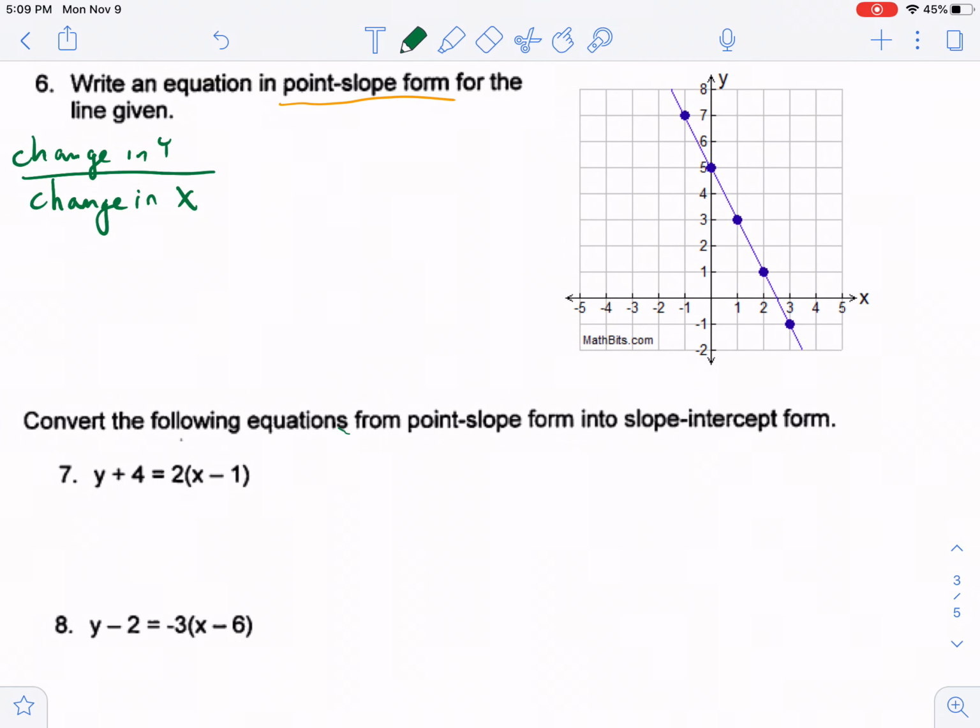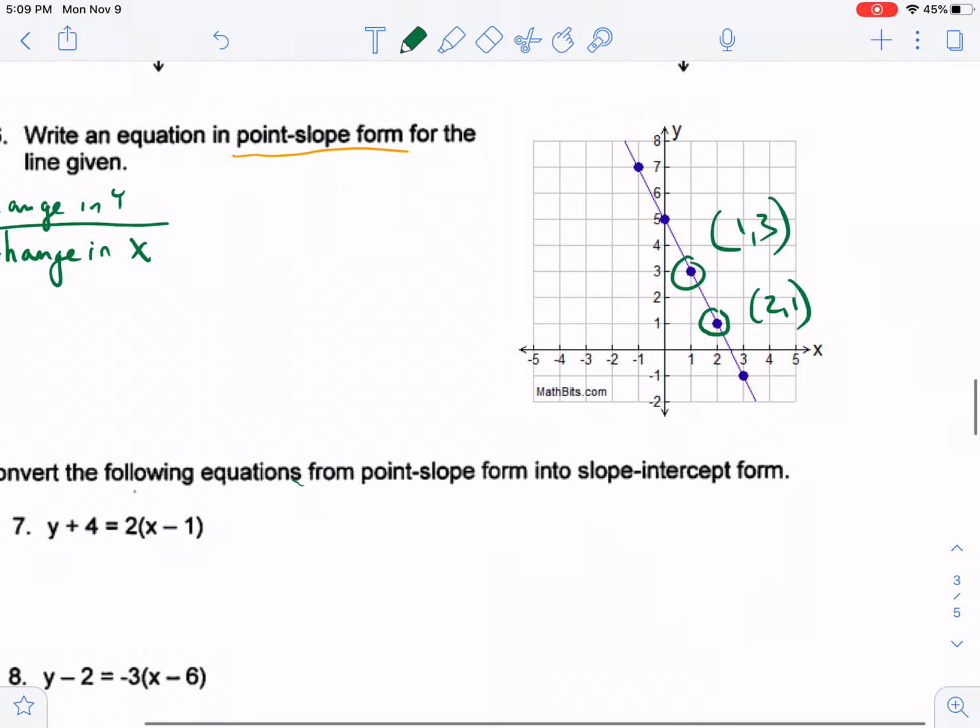Any 2 points, it does not matter. I'm going to pick this point right here, this point right here. This first point is 2, 1. Second point is 1, 3. So we know that this is x1, y1. We'll call this x2, y2.